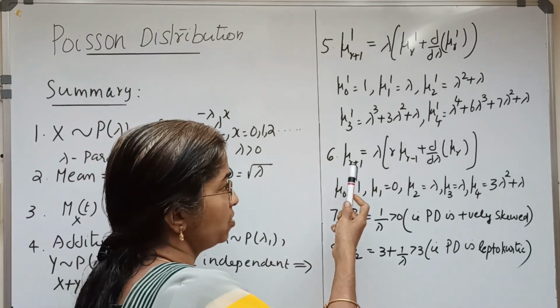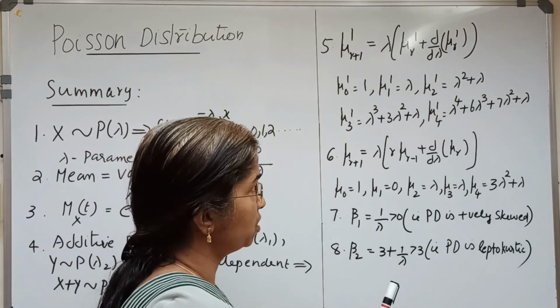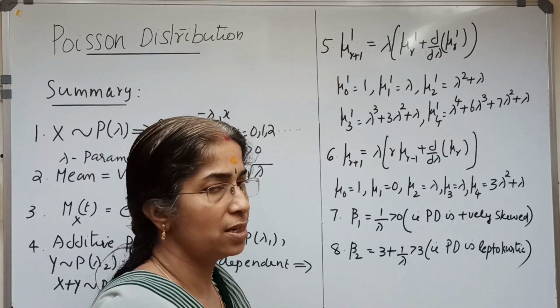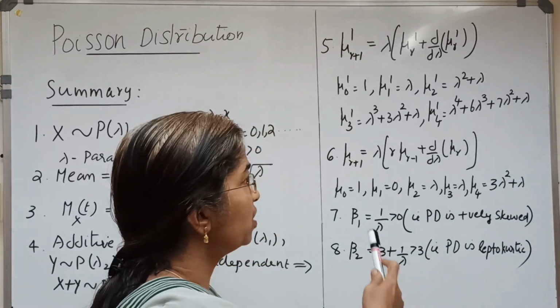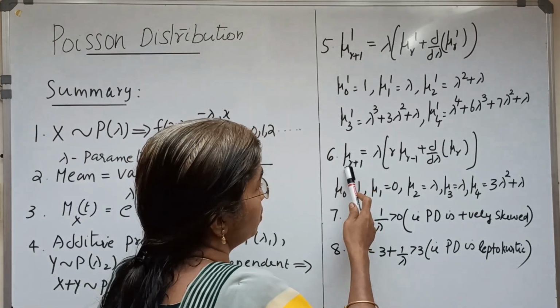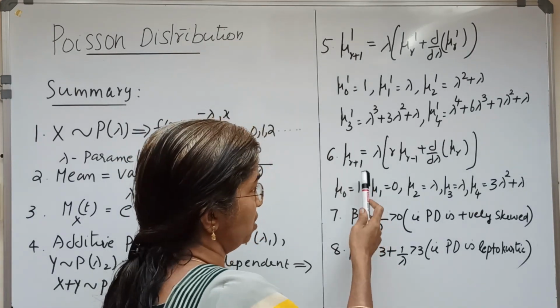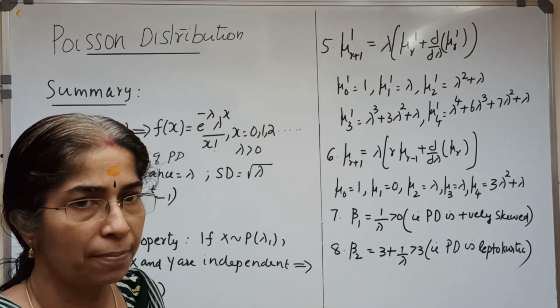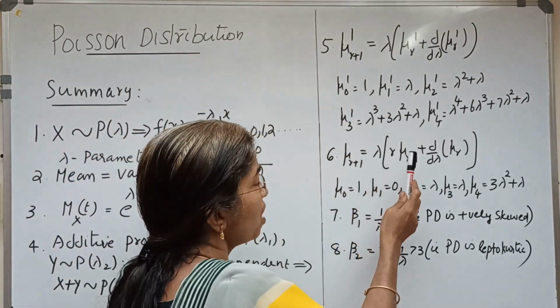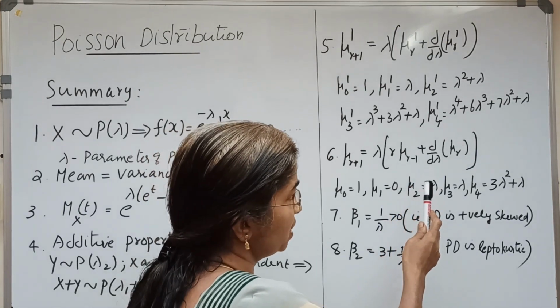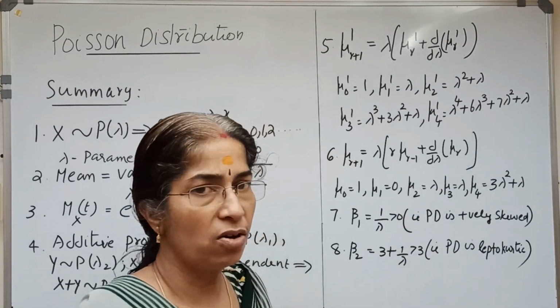Now, the central moments of Poisson distribution can be obtained using the relation between the raw and central moments. Otherwise, we have the recurrence relation for the central moments as mu r plus 1 equals lambda into (r mu r minus 1 plus d by d lambda of mu r).